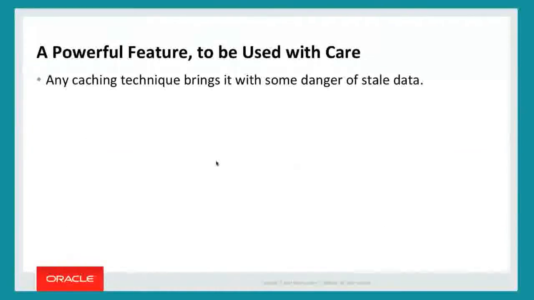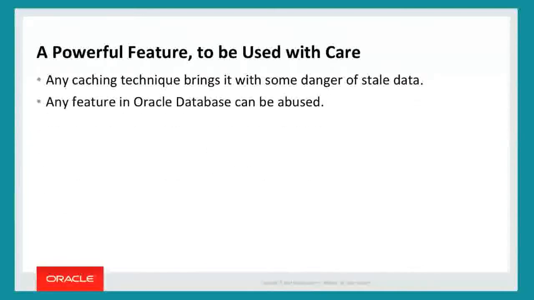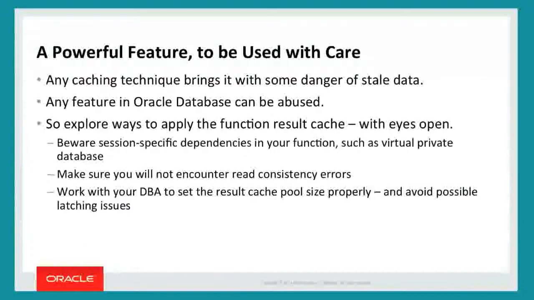But as with any other feature of Oracle database, you've got to use it with care. Whenever you're doing caching, you have the danger of stale data. And there are a number of complications in using the function result cache, which I can't get into today. But it's easy to abuse things like the result cache. So mainly the thing to remember is you've got to watch out for session-specific dependencies in your function. One of the biggest, most prominent ones of those is going to be virtual private database.